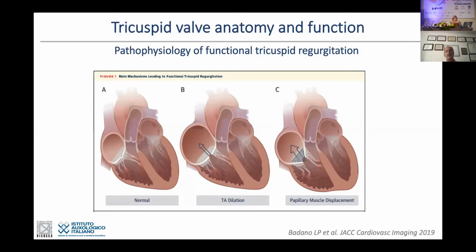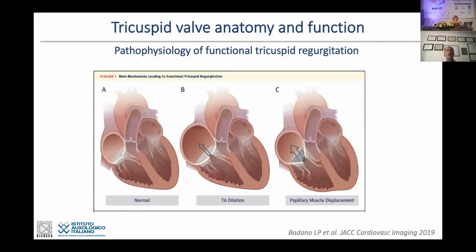And we have identified the main mechanism in two extremes. From one end, there is the so-called atriogenic tricuspid or functional tricuspid regurgitation, where the main mechanism is the dilation of the annulus, mainly driven by the dilation of the right atrium.